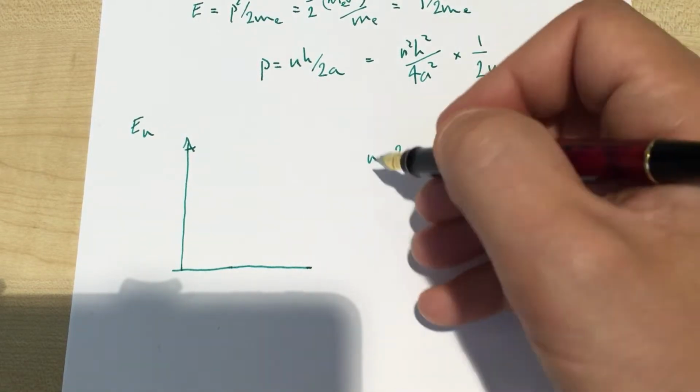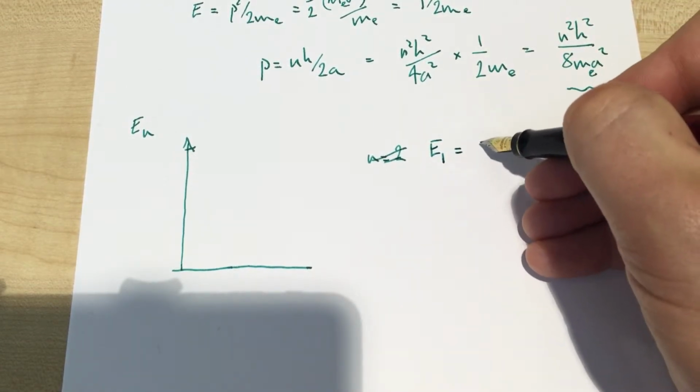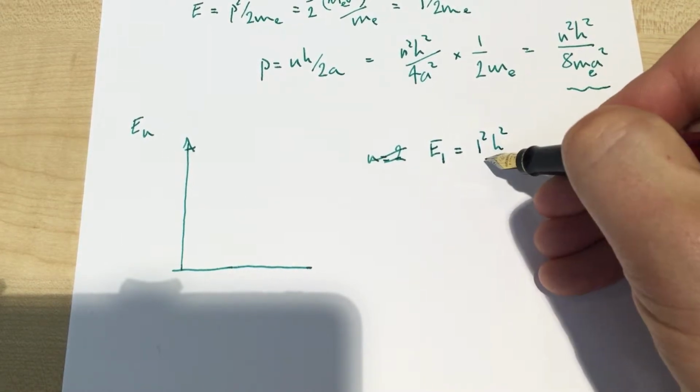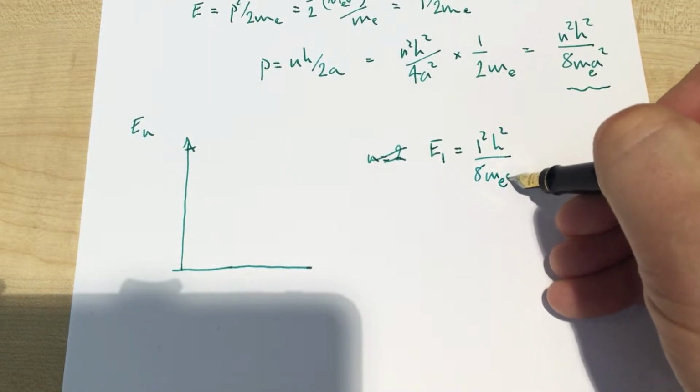Hold on. N equals 1, the first energy level, is going to be 1 squared h squared over 8 m e a squared.